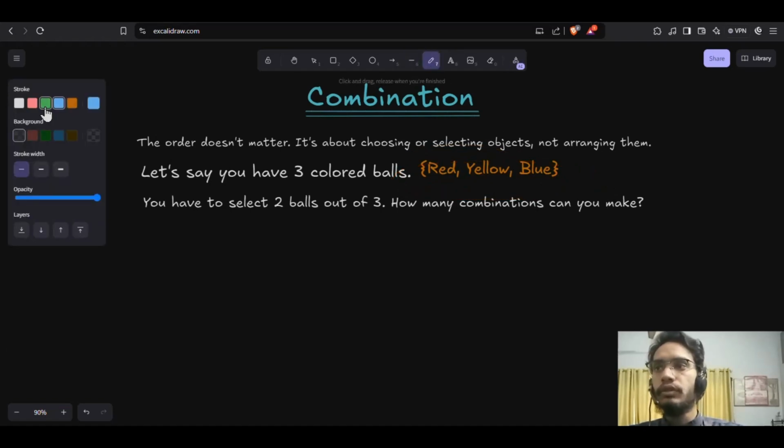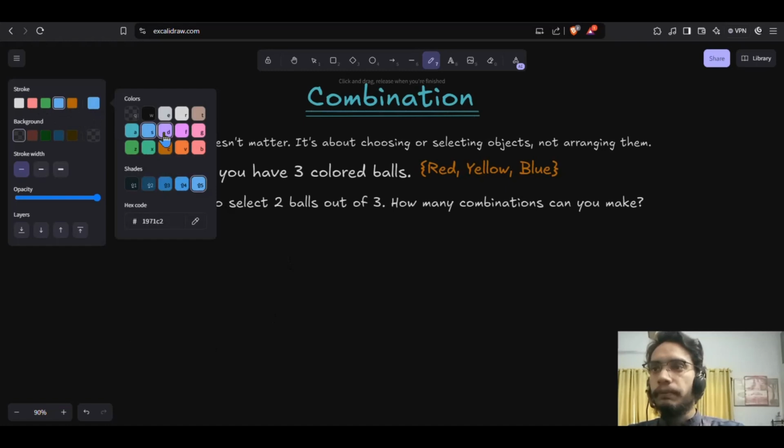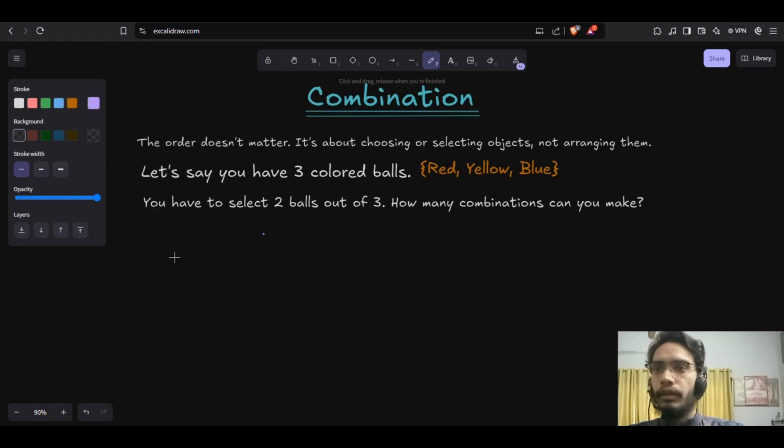So first I select red and yellow, then I can select red and blue, and then I can select yellow and blue.